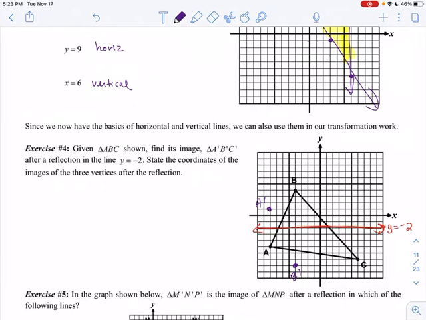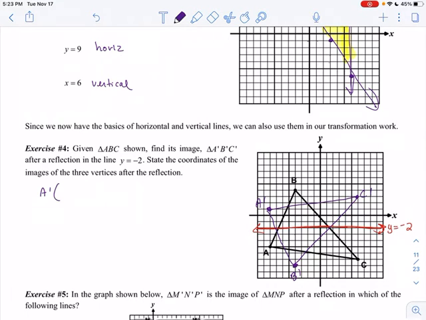And C is 1, 2, 3, 4, 5 away. So 5 away on the other side is C prime. So there's no rule for this. You're just counting however far away it is. The image is the exact same distance away on the other side of that line. It's as if we flip that figure over the line y equals -2.